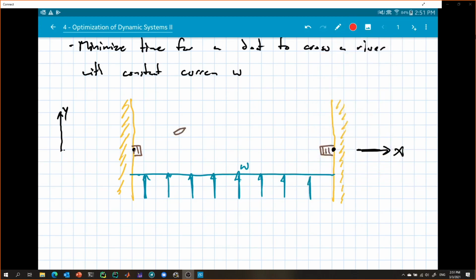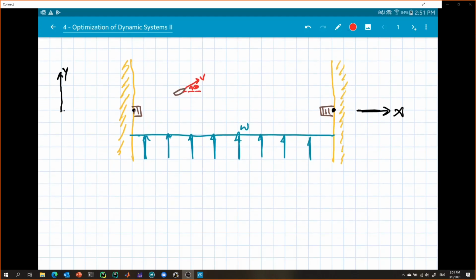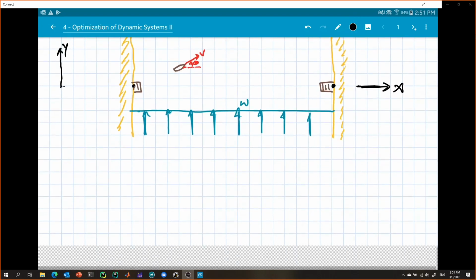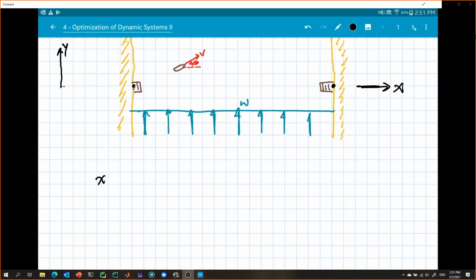And it'll have a constant velocity V, which is measured off the x-axis by some theta. In this case, let me define x as [x, y].